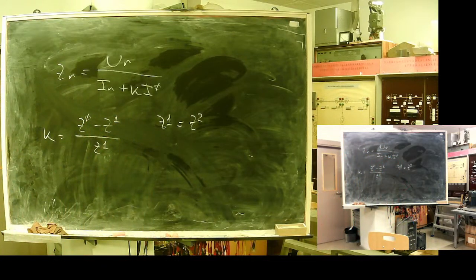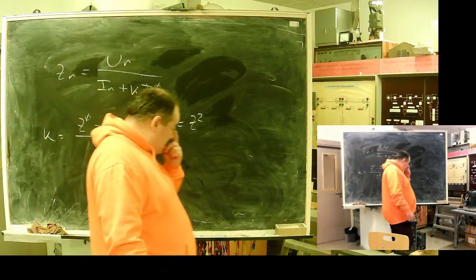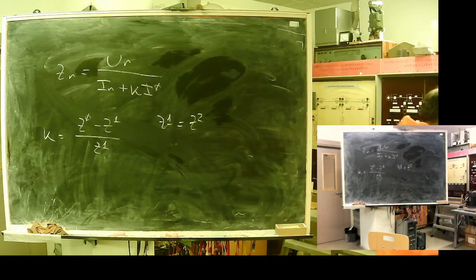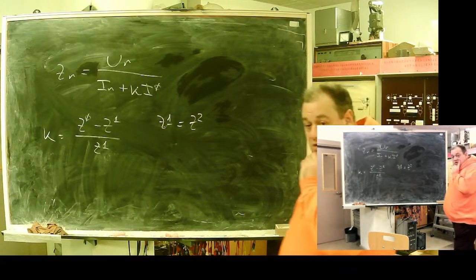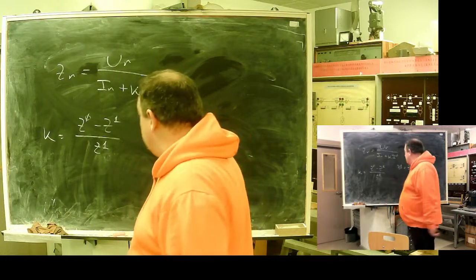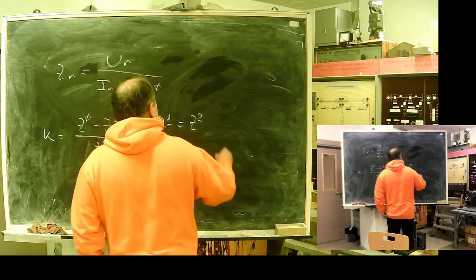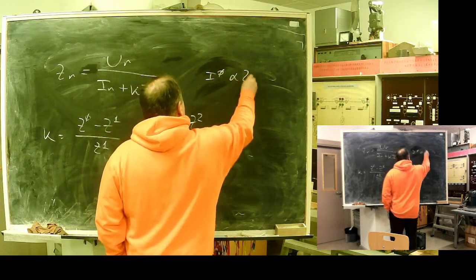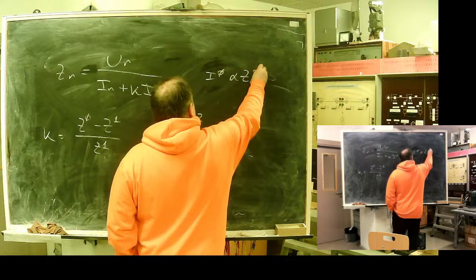But the second assumption is a bit tricky. The second part assumes what? Voltage drop from the ground current is simply I0 alpha Z line 0.